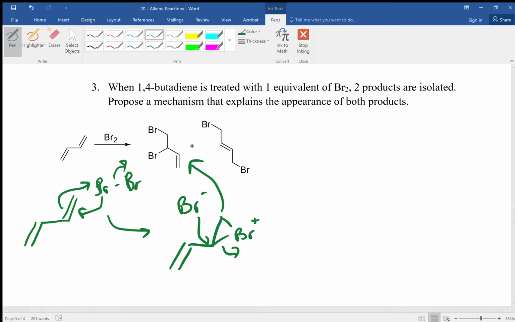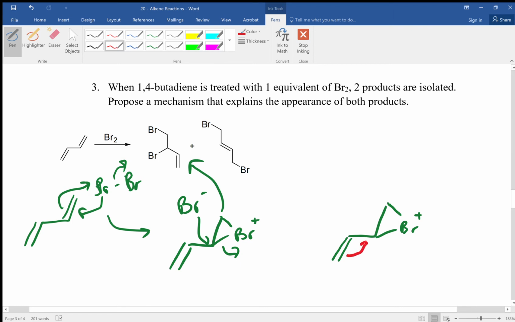But where does the other one come from? Well, once we have this other alkene nearby, we can have this slightly unusual step where that alkene adds its electrons in, and that forces the bromonium ion to open up.